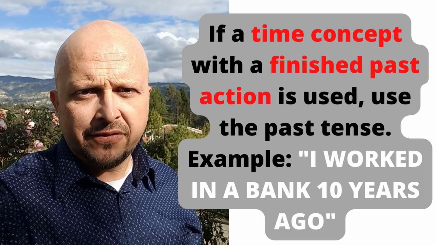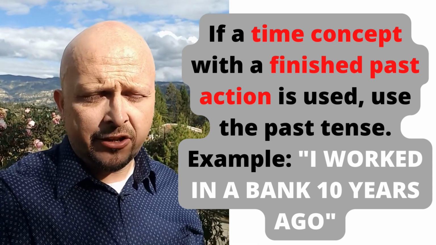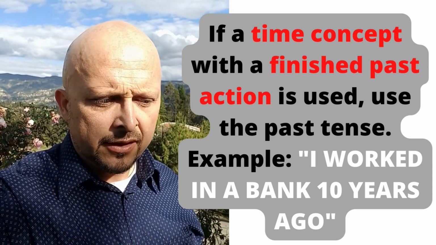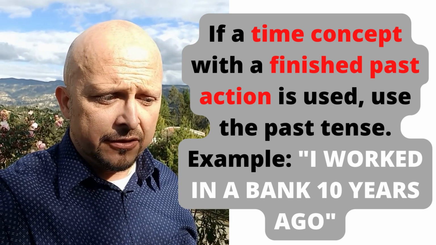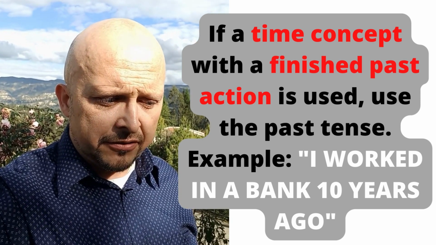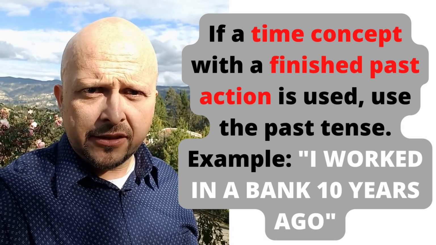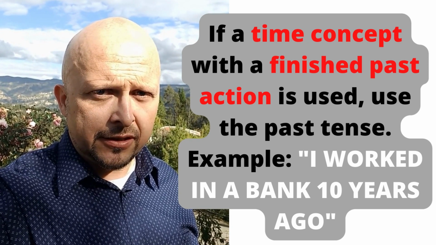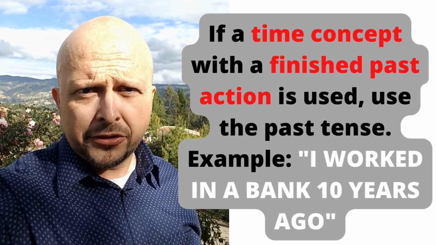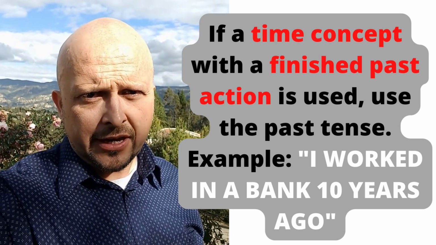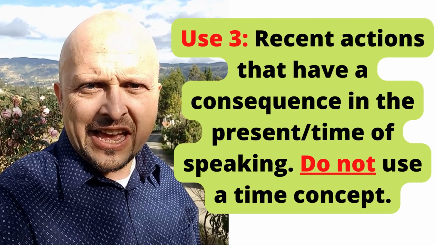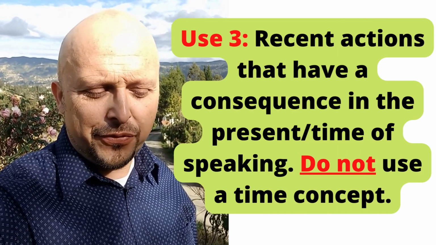So that time concept, in 1997, means you must use the past tense. So you can use the present perfect tense for past finished experiences, but it's very important not to have a time concept.